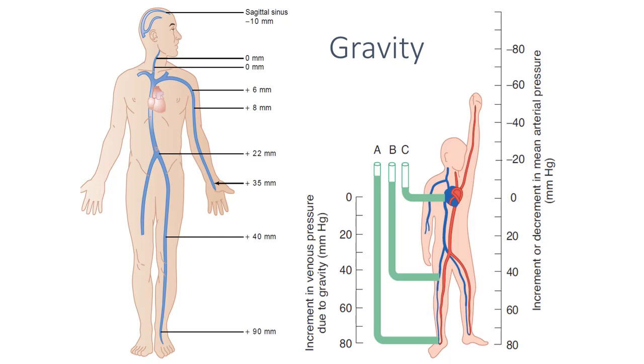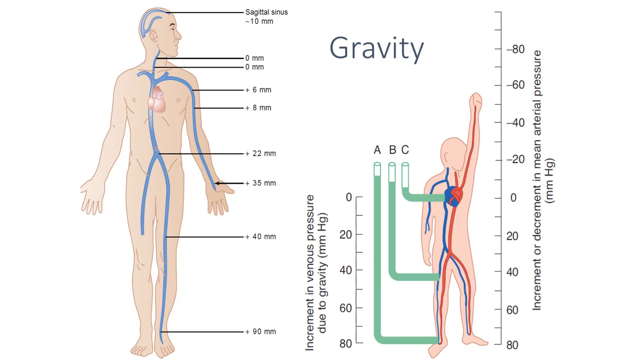For example, venous pressure in an upright standing person in a fixed situation is about 90 millimeters of mercury, and the pressure near the heart is considered as 0, and pressure in the feet is considered as 90 millimeters of mercury, and the pressure in the head is considered as negative. For example, in the sagittal sinus, pressure is about minus 10 millimeters of mercury.